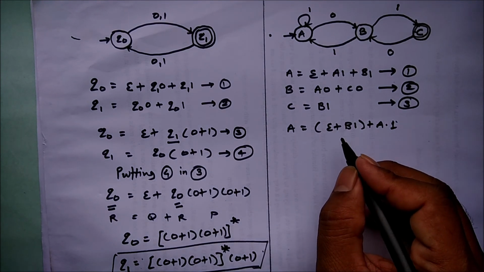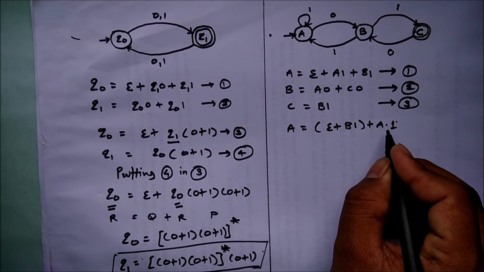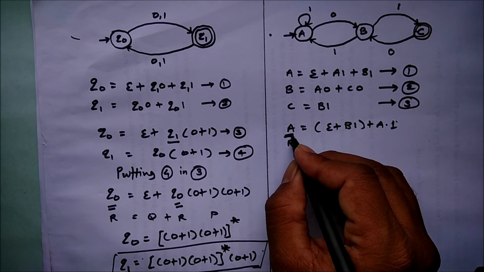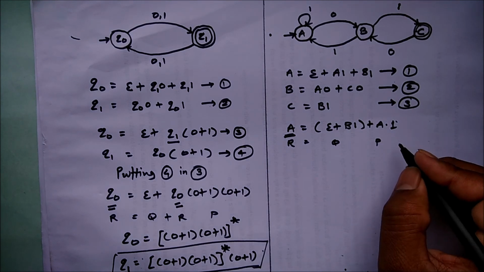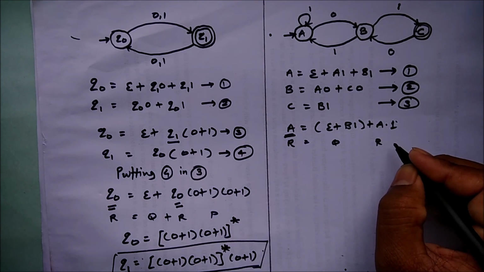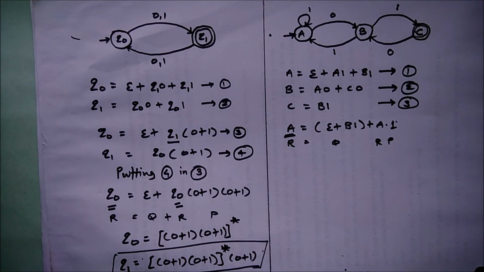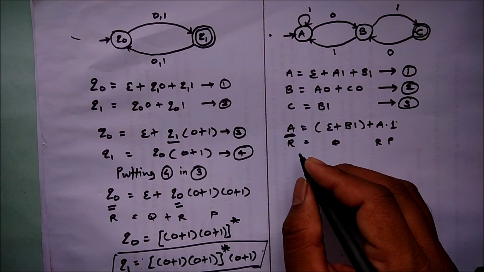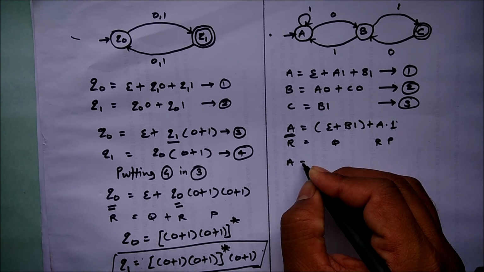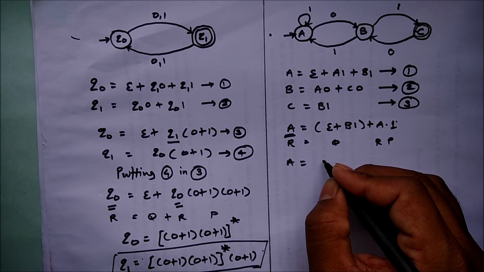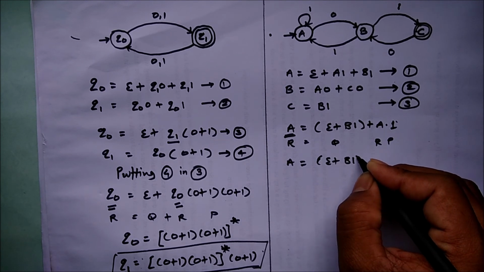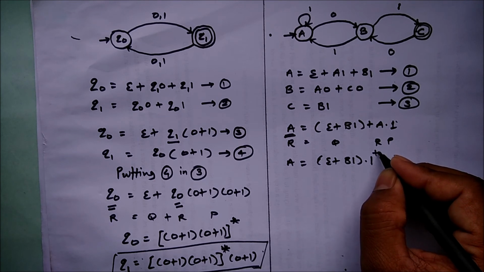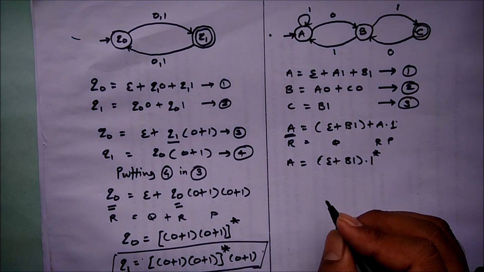So the same equation number 1 I have written in this way so that I may get the form R is equal to Q plus RP. So this can be reduced to A is equal to QP star. So Q is epsilon plus B1 and P star is 1 star. So I got this, right?